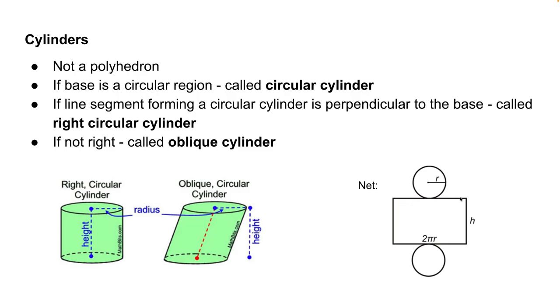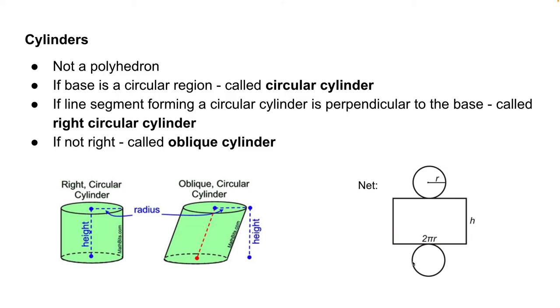So this length is the same as the length around this circle, circumference, which is 2 times pi r, or pi times d, diameter, right? Because diameter is the same as 2r.